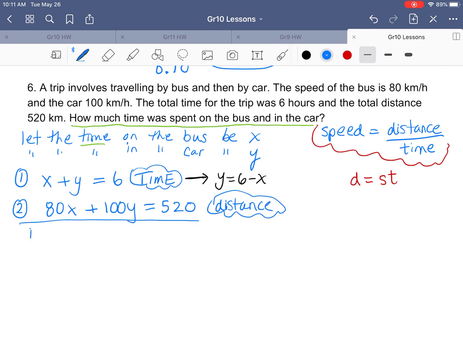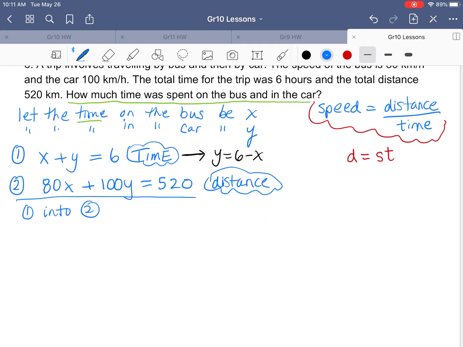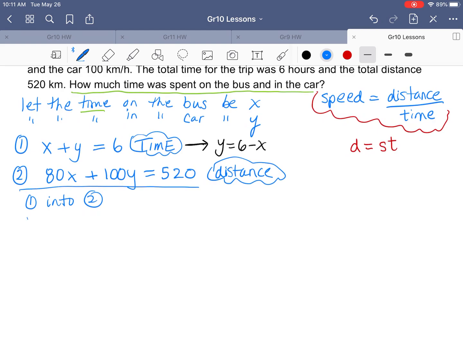So I am going to do equation 1 into equation 2. So we have 80x plus 100 times 6 minus x is equal to 520. Okay, just remember the 6 minus x is coming from that rearrangement of the first equation.